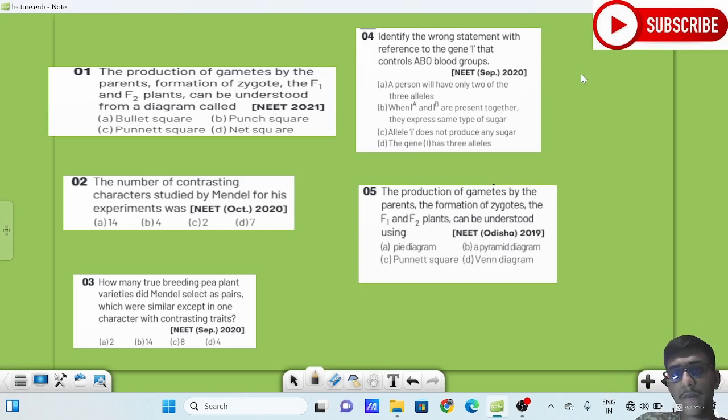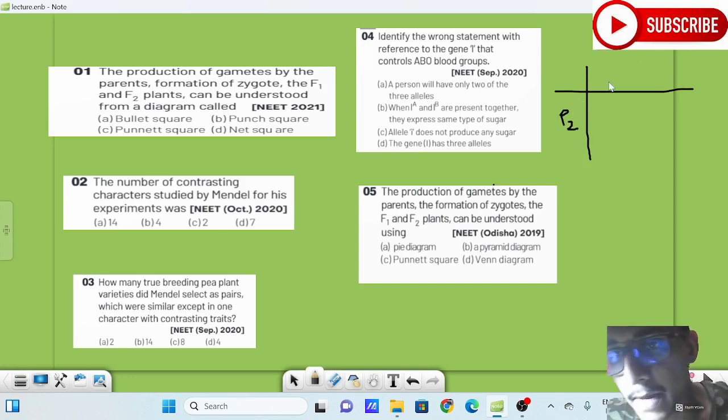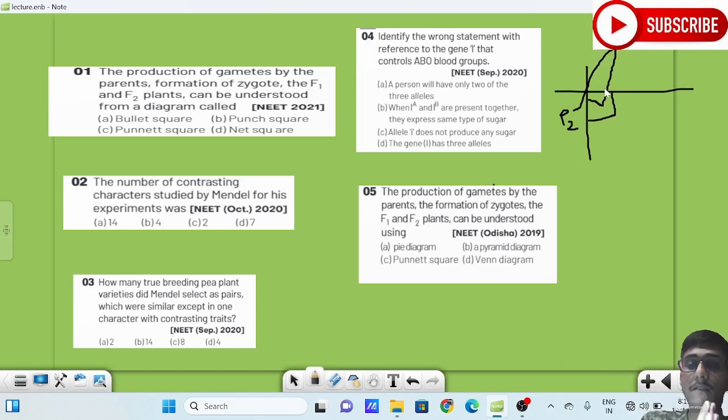There is nothing much more to be discussed. In the Punnett square, we will have one column and one row. In one position we write the gametes produced by parent 1, and here we write the gametes produced by parent 2. In each box we write the fusion of the two gametes of P1 and P2.